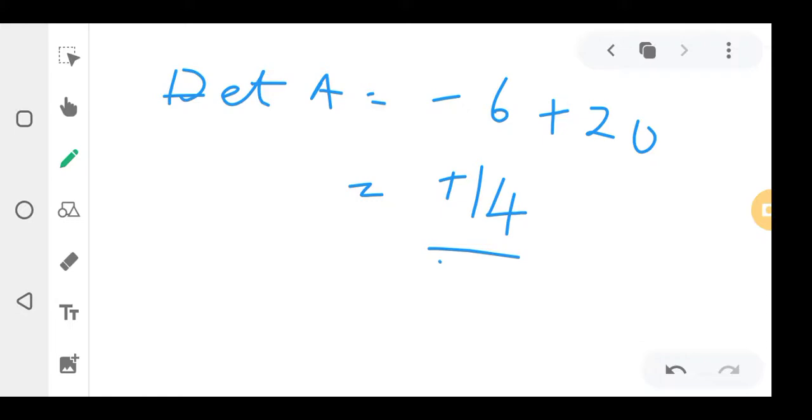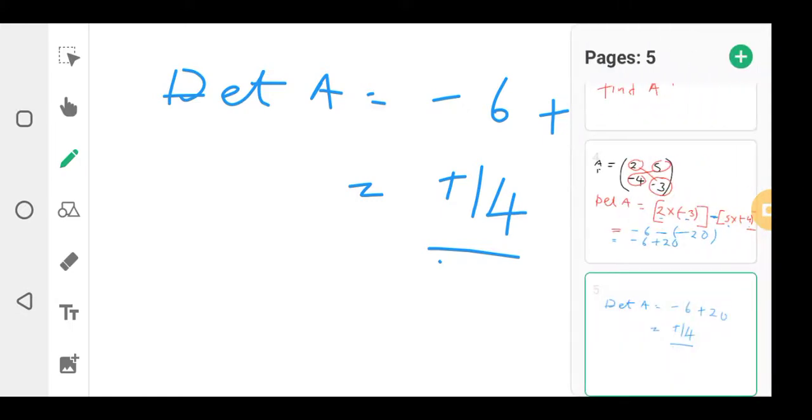That is the determinant. Because when you're finding the inverse, first you find the determinant. So we are continuing. Now how do you find the inverse? Inverse of A is equal to 1.